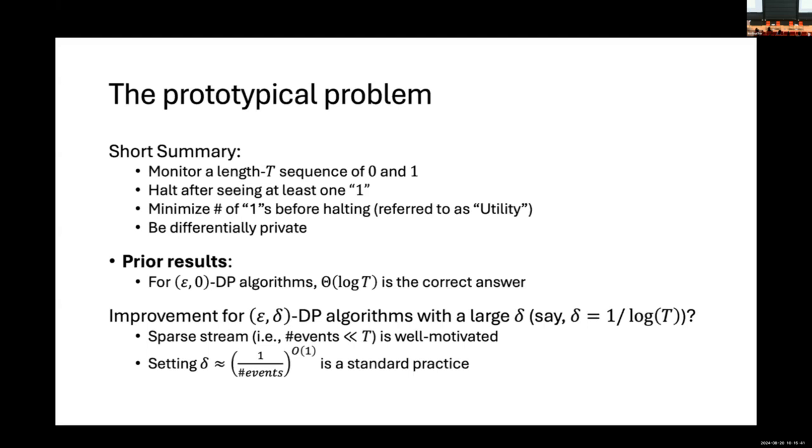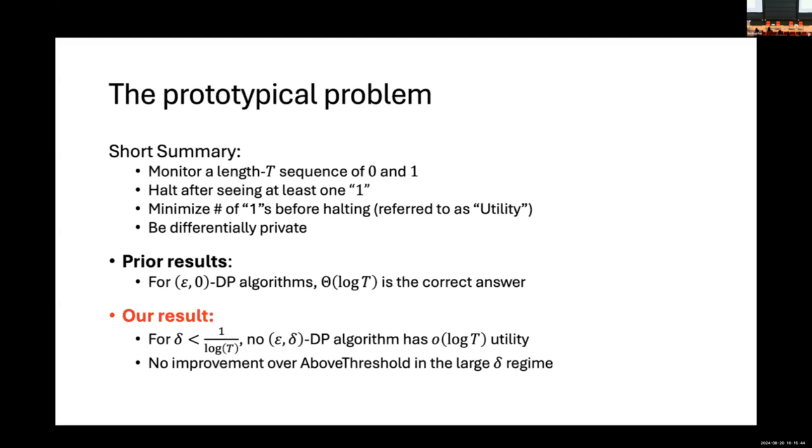But unfortunately, we show the answer is negative. We say that for any delta that is less than 1 over log t, there is no epsilon, delta DP algorithm that can give you little-o of log t utility. So this is saying you cannot really hope for an improvement over AboveThreshold, even in the large delta regime.